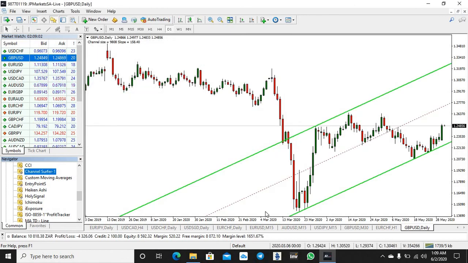Right, you can see that the system has drawn a channel. Channel shows us the direction of the trend. See here, it bounced here and it bought. So this channel is telling us that we are on an uptrend. You understand? So it's very, very important. That's why I say buy the system. So with this alone, you can actually just make money.